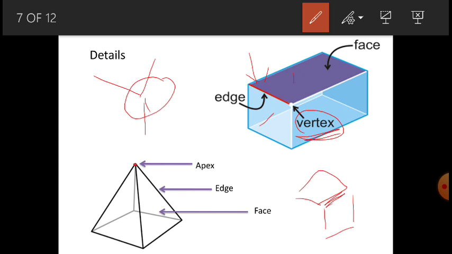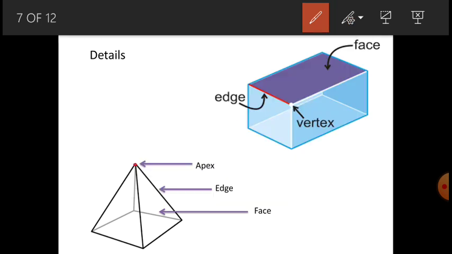With the help of four sides, we make a face or a plane. When four lines are drawn together and closed, that makes a face, okay.